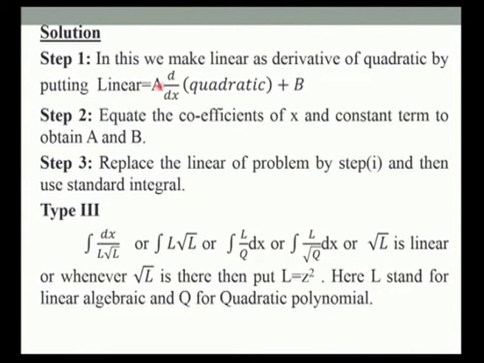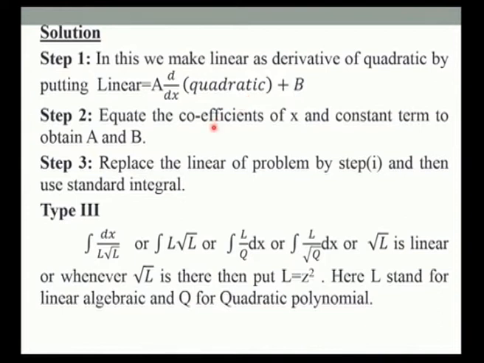This kind of rational function can be solved in 3 steps. First step, we need to make linear the derivative of quadratic by substituting linear is equal to a into the derivative of that quadratic with respect to x plus b. So this is the first step we need to do to integrate rationals like linear over quadratic.